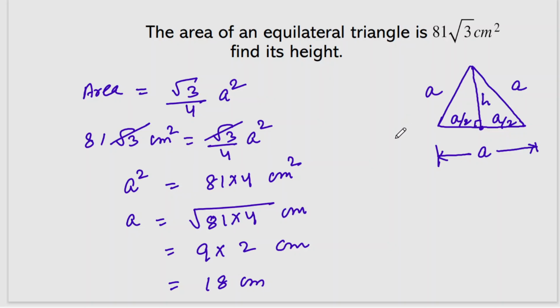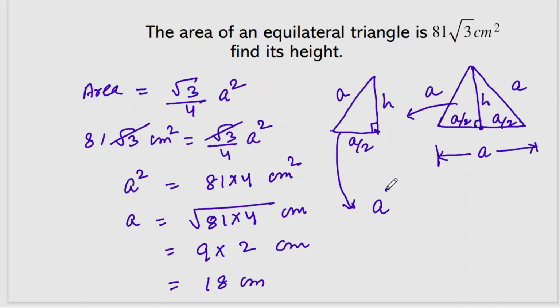Okay, if I draw this triangle outside, I will get it like this. This is our a by 2, this is our a, this is our h. Now if we relate everything, you can see that a square equals h square plus a by 2 whole square.